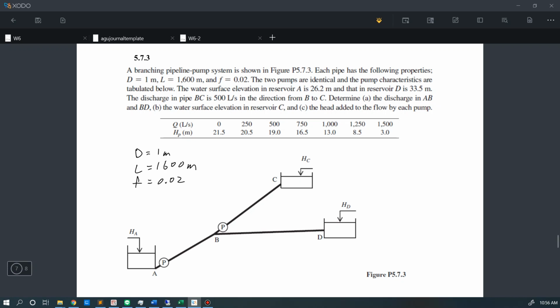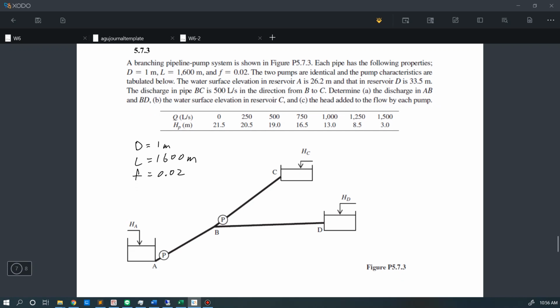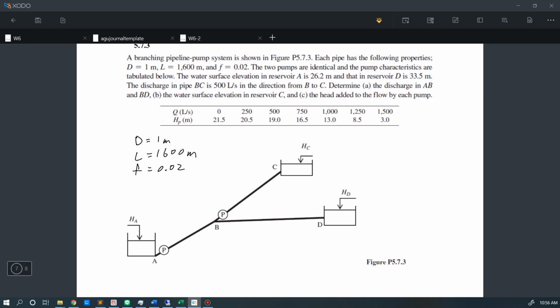And we have two identical pumps located at the reservoir A and the junction B. And the problem also says that the elevation for the reservoir A is equal to 26.2, and the elevation for the reservoir D is equal to 33.5 meter.